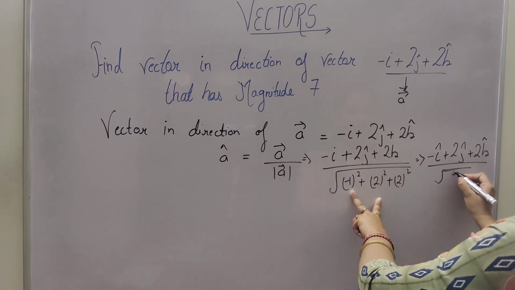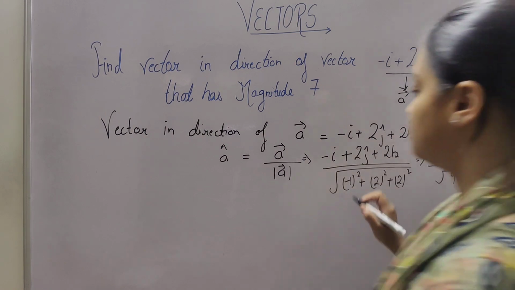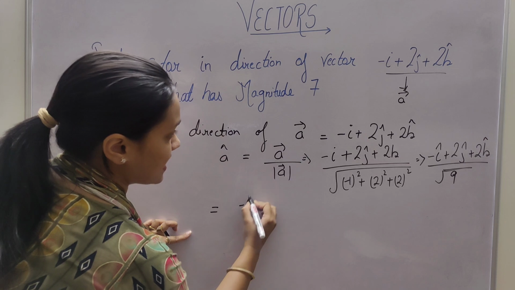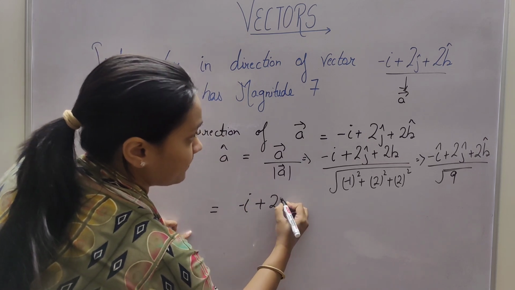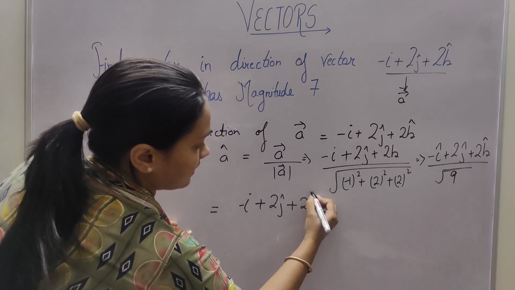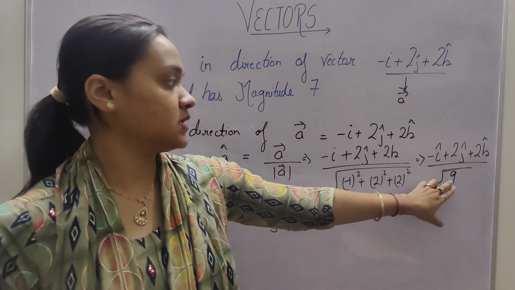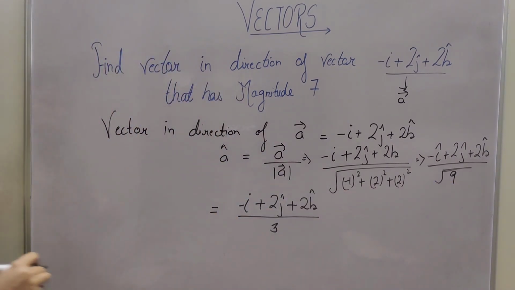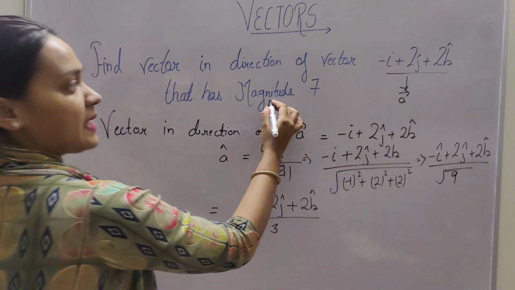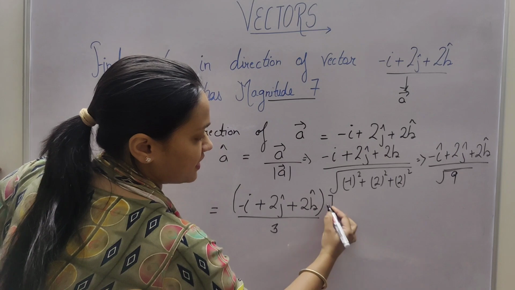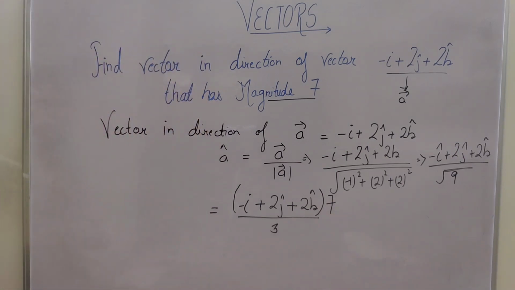It's 9. So the value, we can also write the value as minus I plus 2j plus 2k upon 3, because under root 9 is equals to 3. So if this question has written the magnitude is 7, then you simply have to multiply by 7, and this is the required answer of this question.